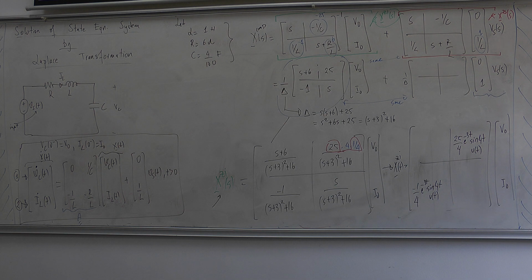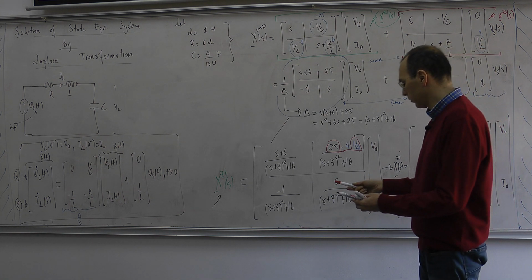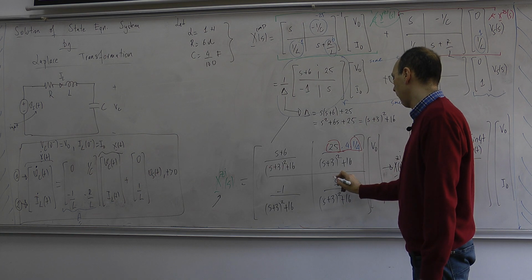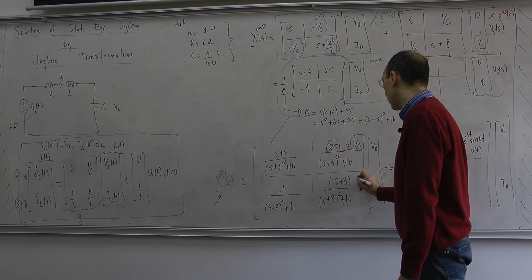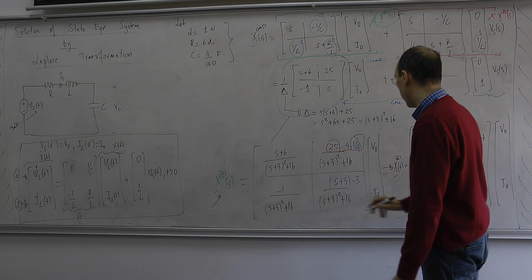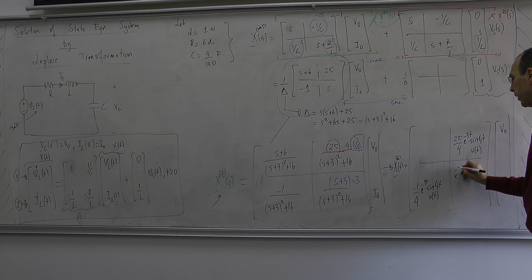Okay. So how about this one? This one I can write s plus 3, put a bracket, and minus 3 like that. Now this term will be the first one, s plus 3. This will be e to the minus 3t cosine 4t u(t).